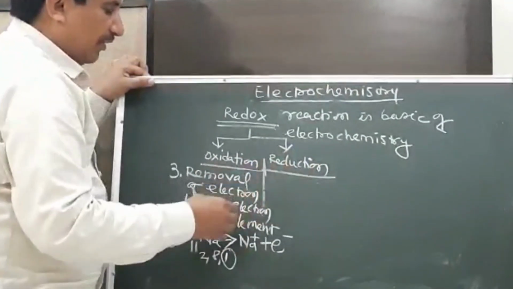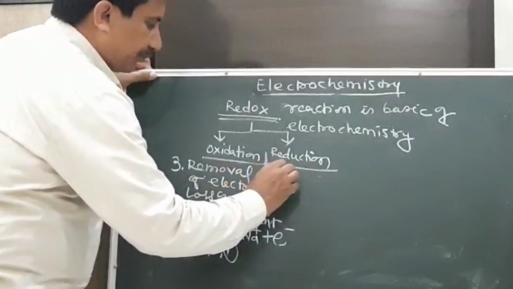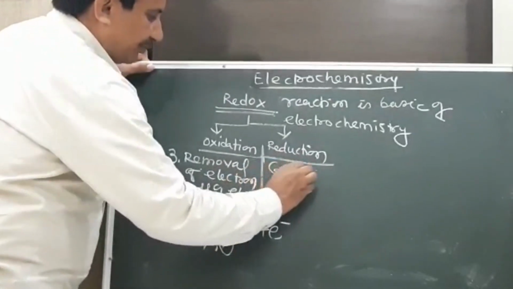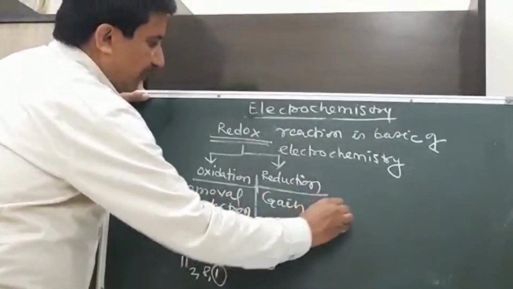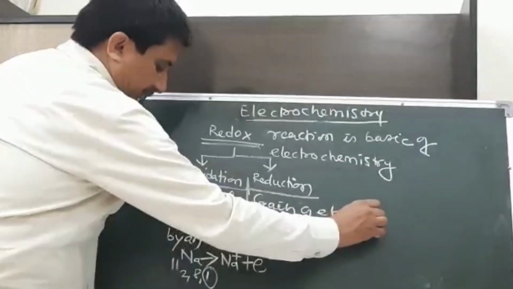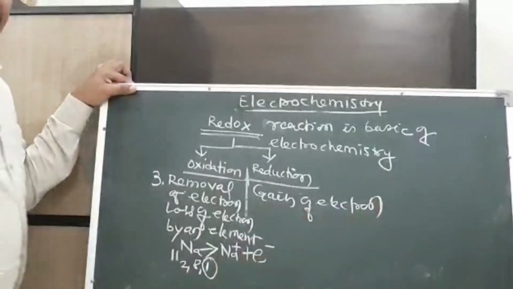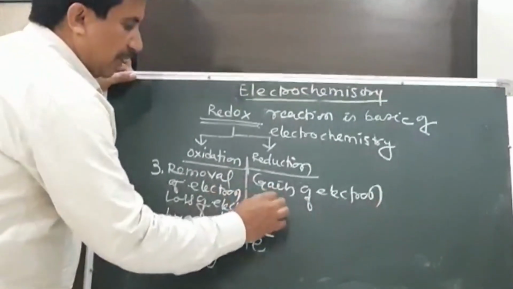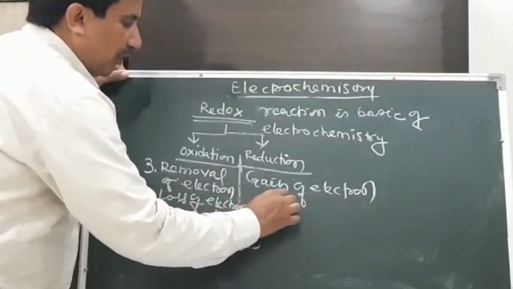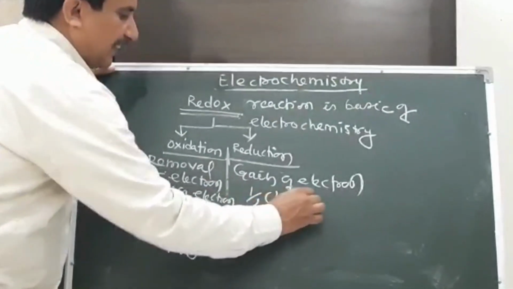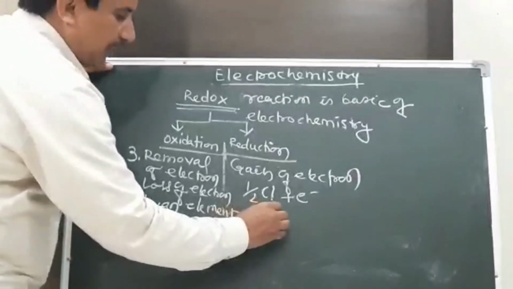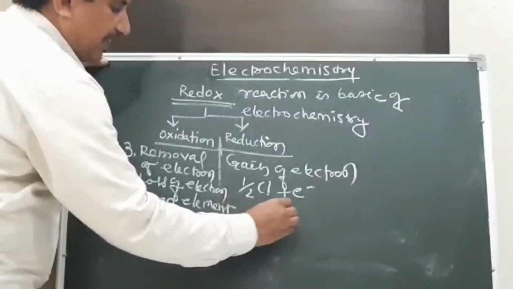Reduction may be the reverse of this, that is gain of electron. How can gain of electron be explained? Suppose we have half molecule of chlorine that is taking one electron. We all know that chlorine has atomic number 17.